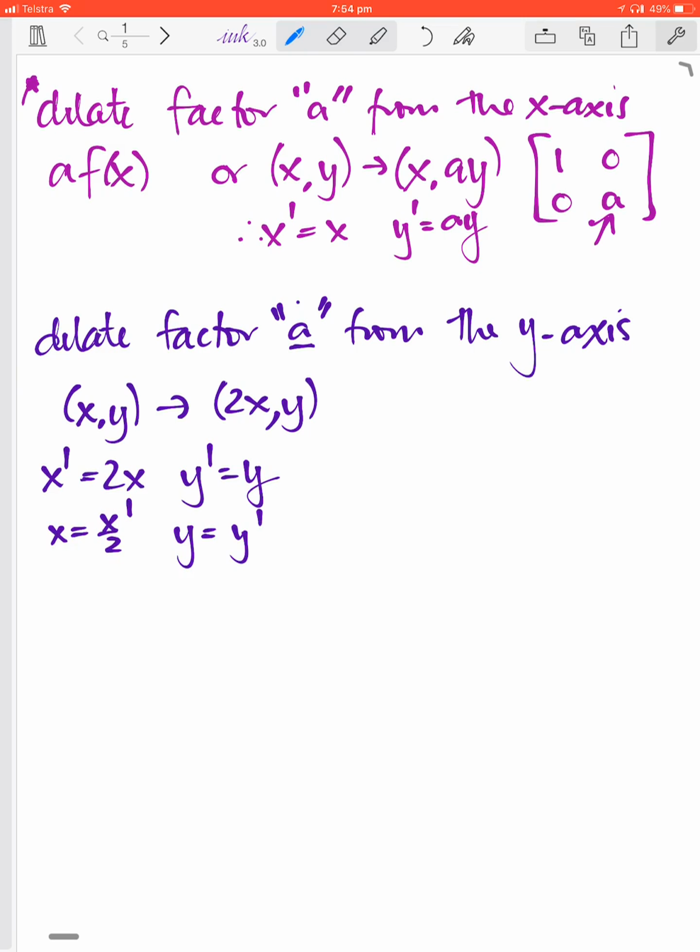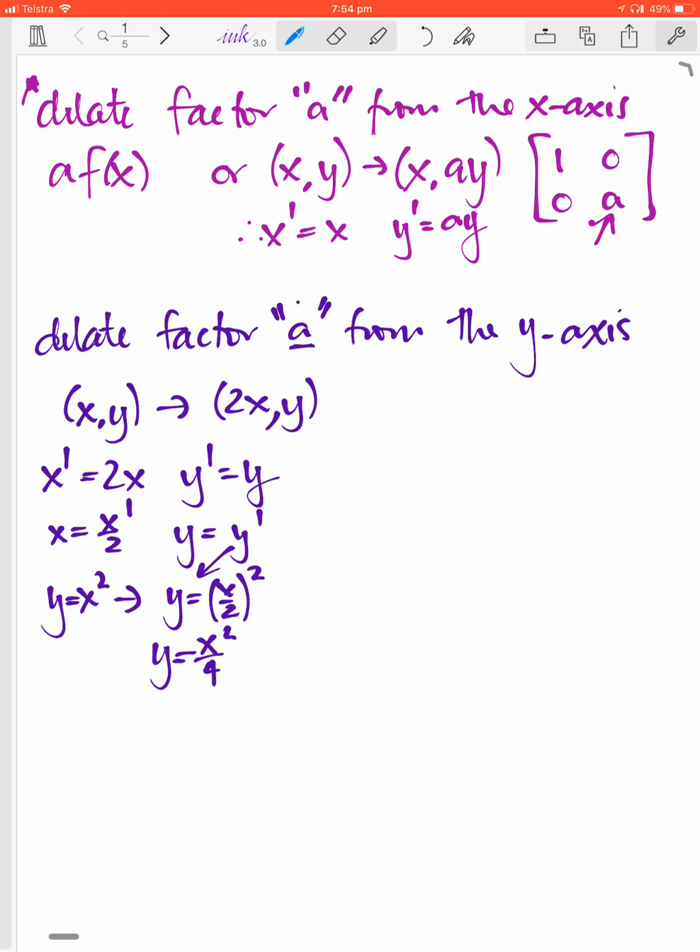If we put it into a function, if we had y equals x squared, that would become y equals, replacing x with x on 2, x on 2 squared, which is y equals x squared on 4. So that's a dilation factor 2 from the y-axis.